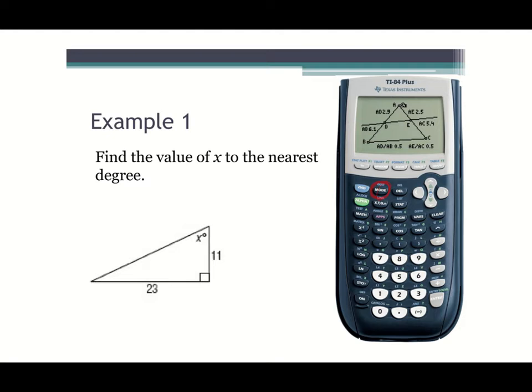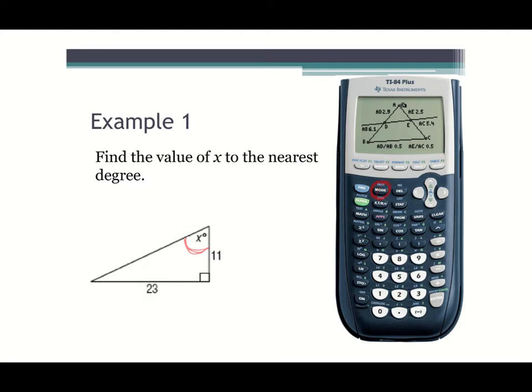So once your calculator's set up, let's look at this problem. It says find x to the nearest degree. Well, x is this angle right here. So we need to use the information given in order to help us solve. Well, we're given 23 and 11. Well, what are those sides in correspondence to this angle?